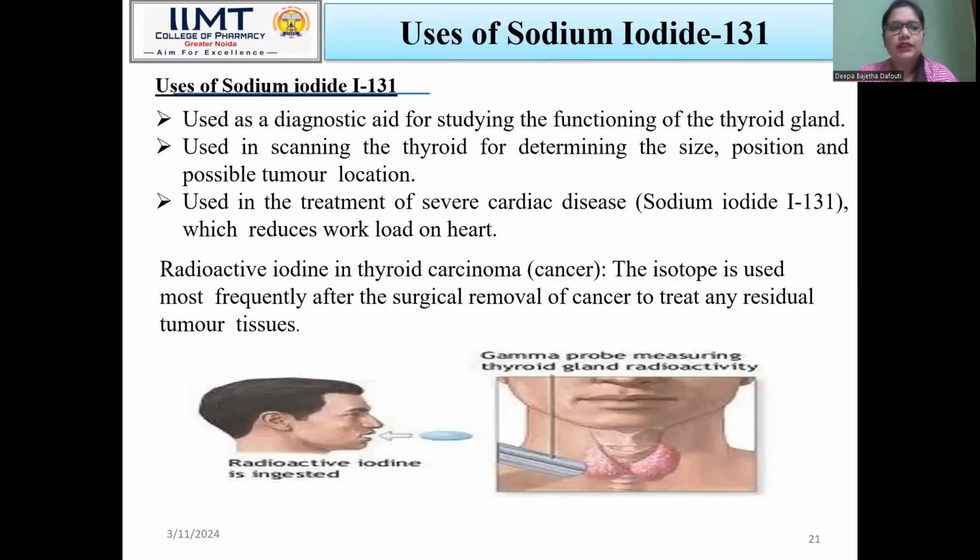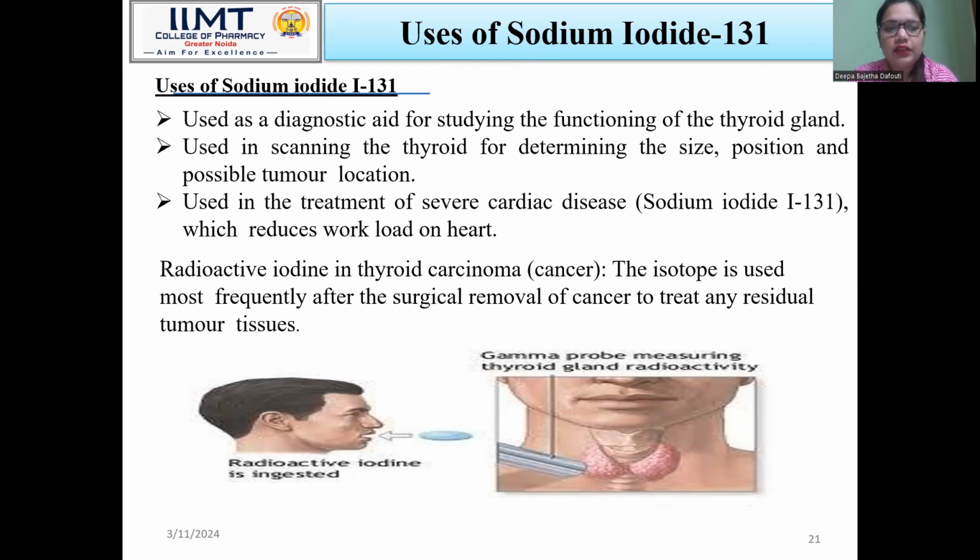So next is, what is the use of sodium iodide 131? Sodium iodide 131 is used as a diagnostic aid for studying the functioning of the thyroid gland. The radioactive pharmaceutical is basically used in the treatment of cancer or cancer related disease. It is used in scanning the thyroid for determining the size, position, and possible tumor location.